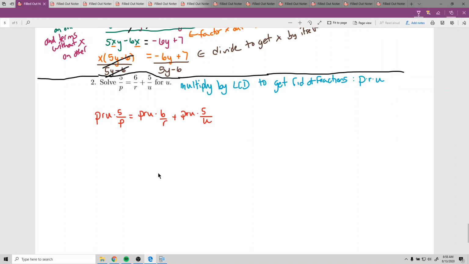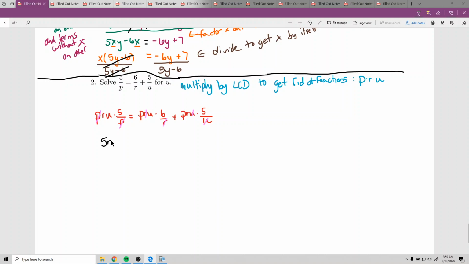Now, doing that should always make all the fractions cancel out. So on the left here, the p on the bottom cancels with the p on the top. In the second part here, the r on the bottom cancels with the r on the top. And in the third one over here, the u on the bottom cancels with the u on the top. And what we are left with, in this left term over here, we have r times u times 5.